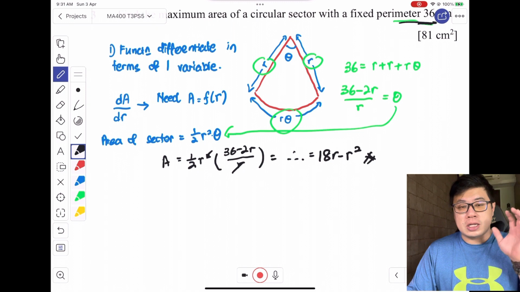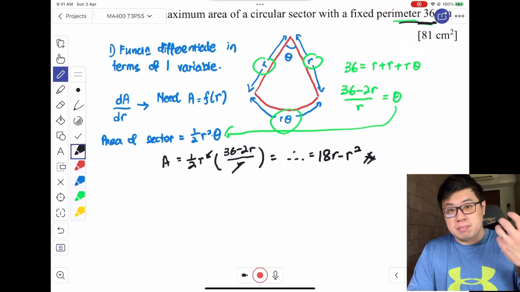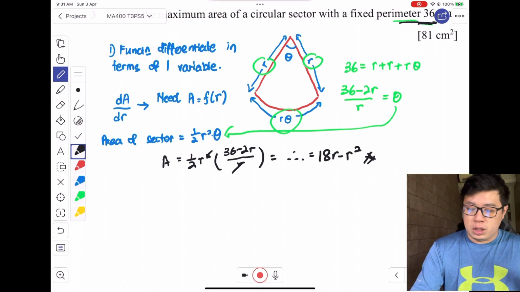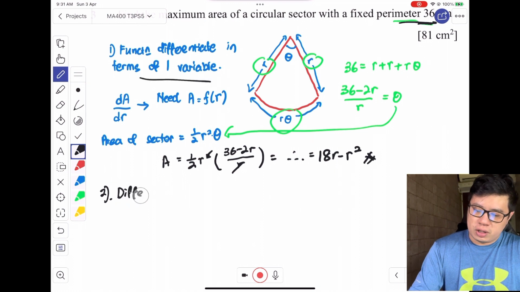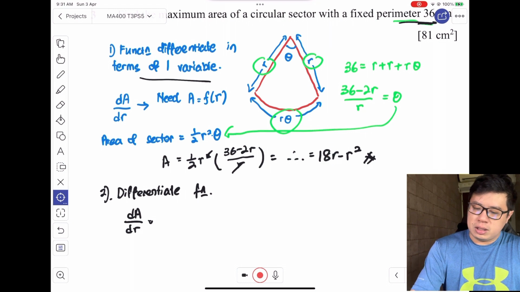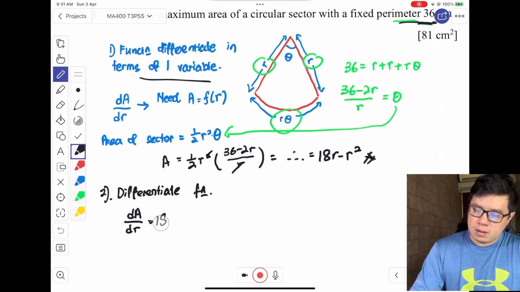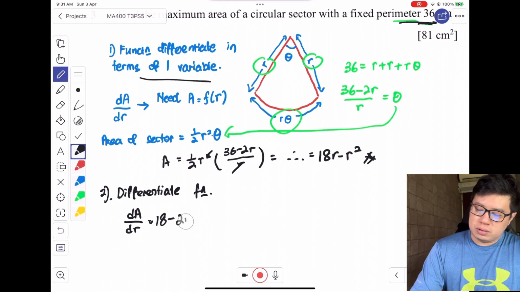This is A in terms of r, and now remember we are finding the maximum area, so we need to do dA dr. Step number 2: now we have the function in terms of one variable already, so we differentiate. Differentiating 18r gives us 18, and differentiating r squared gives us 2r.